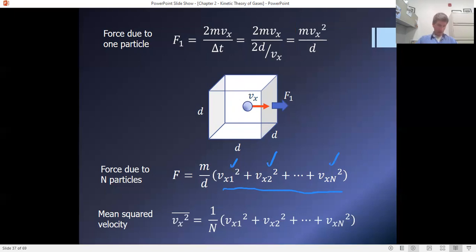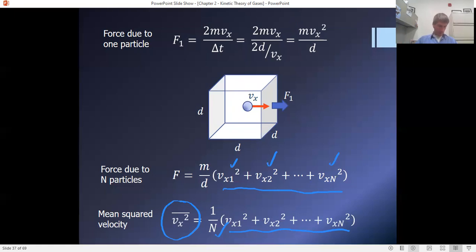Okay, anytime we take an average, notice the average or the mean is over the v squared. It's not squaring the average, it's taking the average of all the squares. And anytime we take an average, we take the sum of all the individual numbers and then divide it by the number of items that we're averaging over.